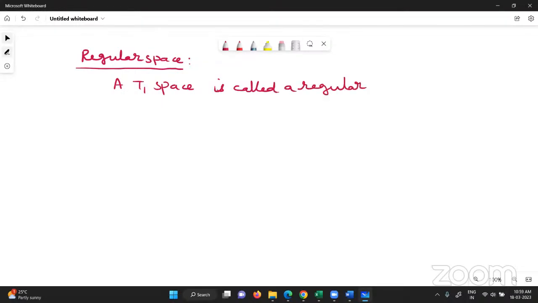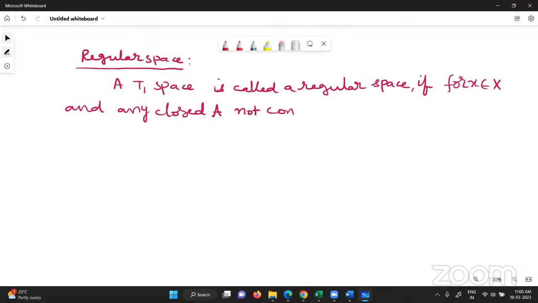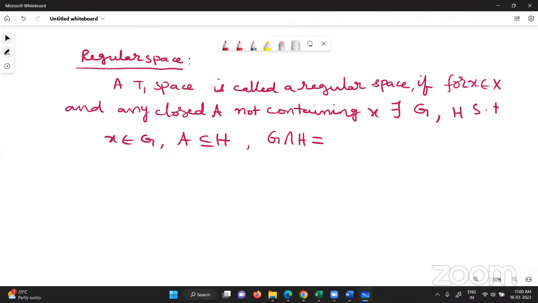A T1 space is called a regular space if for X belongs to X and any closed set A not containing X, there exist open sets G, H such that X belongs to G and the closed set A is a subset of H, and as usual G intersection H is empty, that is, they are disjoint.